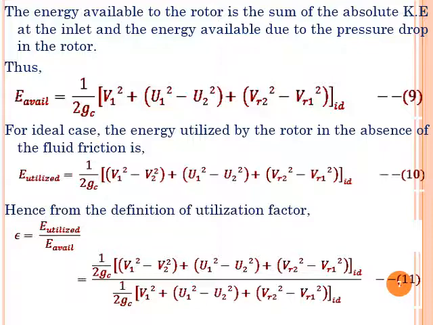In the denominator, the energy available is given by 1 by 2 Gc times (V1 square plus U1 square minus U2 square plus VR2 square minus VR1 square).